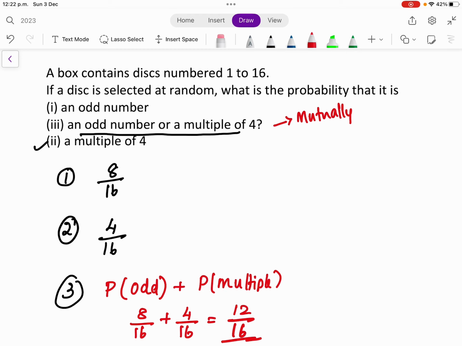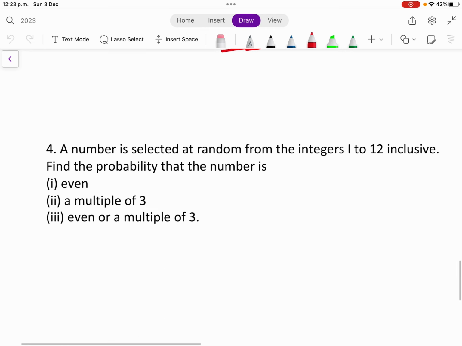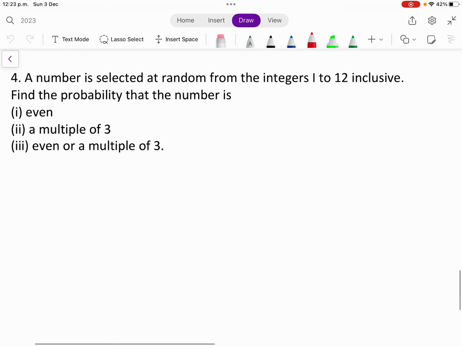Now let me bring in another question. A number is selected at random from integers 1 to 12 inclusive.